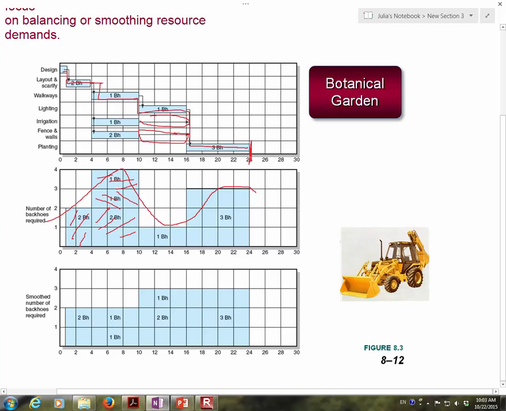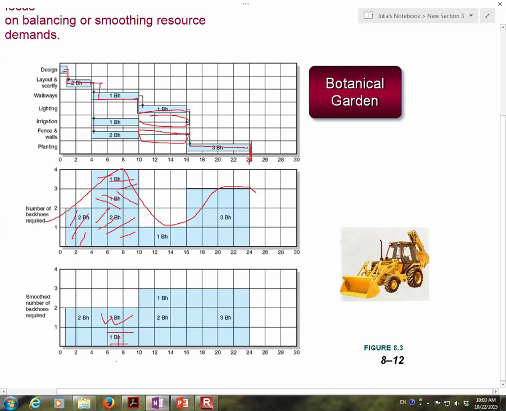So if you look at the bottom chart, we moved fence and walls to start on day 10. So on day 4, we will have one backhoe for walkways, okay, and one backhoe for irrigation. Okay, so two backhoes needed.